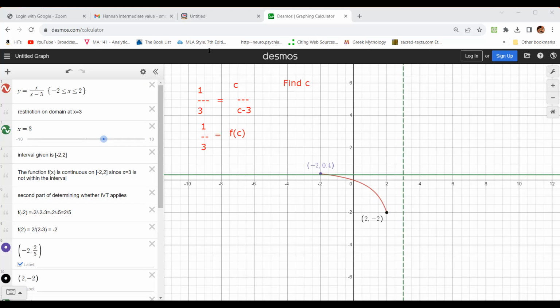Remember, I'm trying to solve this. How do I solve that equation for c?